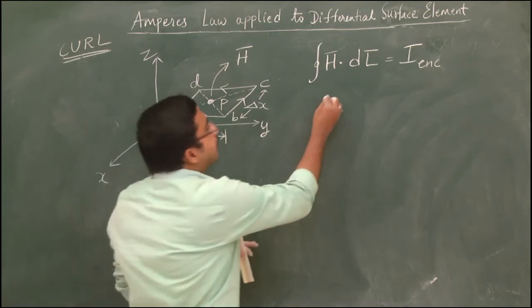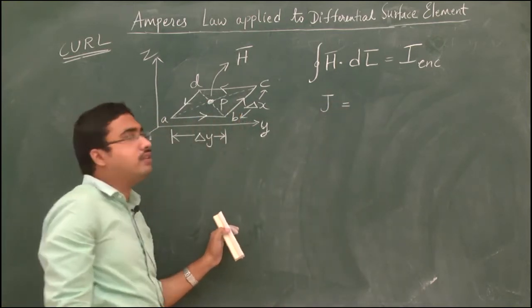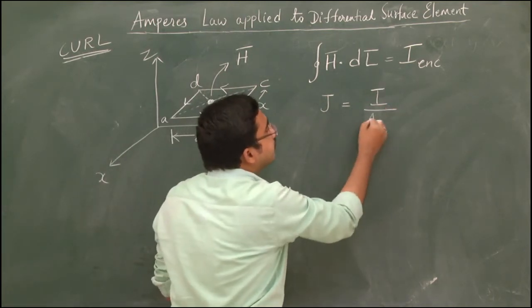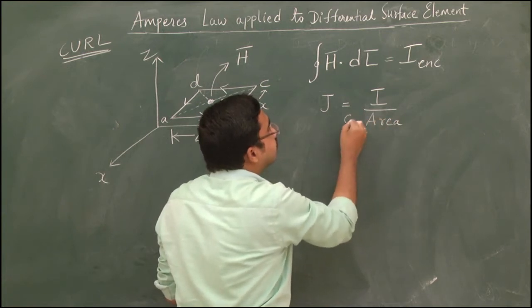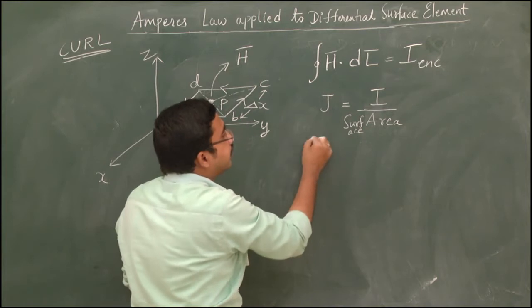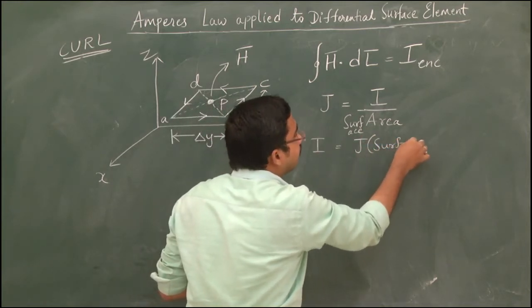Now, what is meant by current density J? Current density J is given as the current that is flowing divided by the surface area. That means I equals J into the surface area that you are considering.